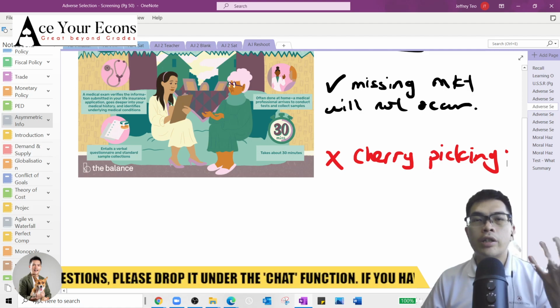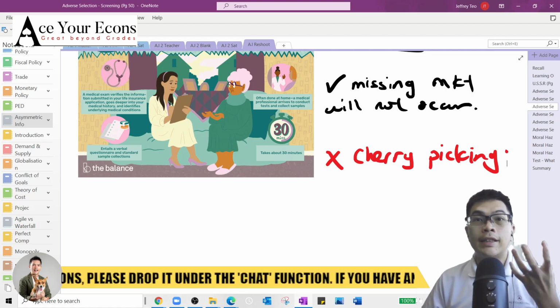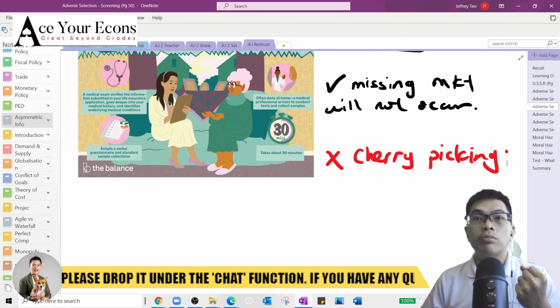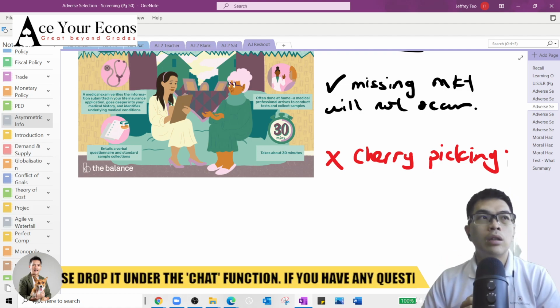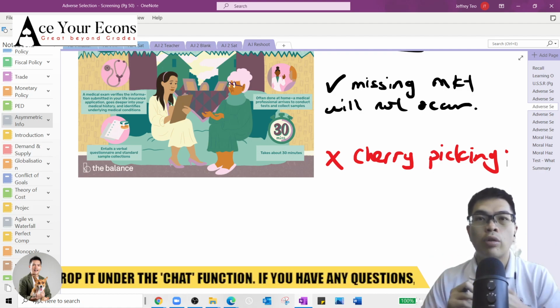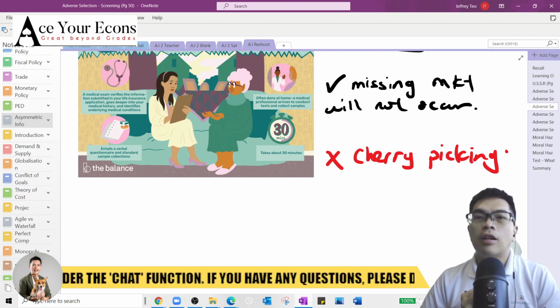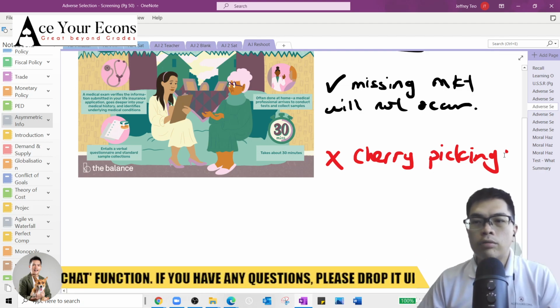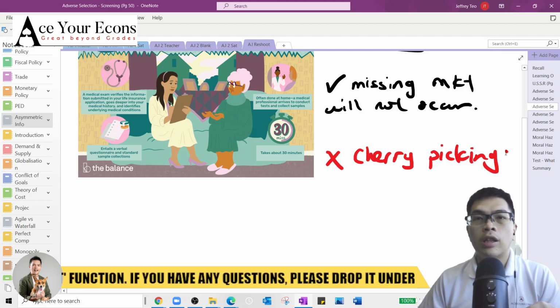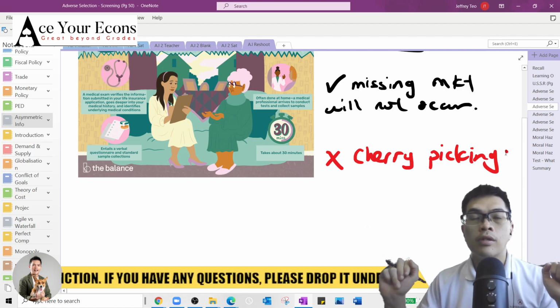Cherry picking, we can look at the insurer sizing up the consumers. If they think that this consumer belongs to a risk profile that is way too high, they can reject the consumer from buying the insurance. And this is where universal coverage will come into the picture as a form of basic insurance.